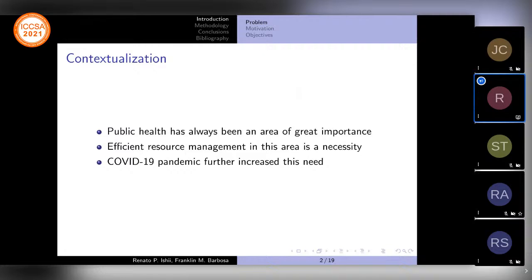Effective management of human resources will allow health systems to respond in a timely manner, improving healthcare outcomes, rationalizing the use of resources, and reducing the stress on staff. And the COVID-19 pandemic further increased these needs.